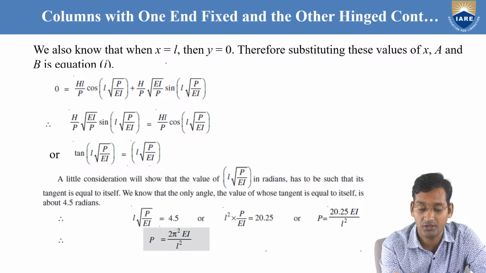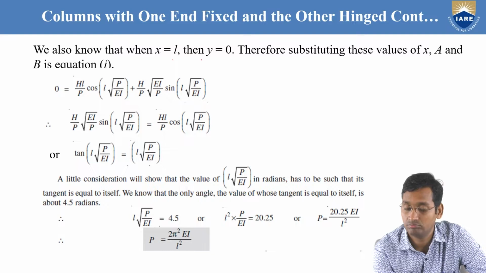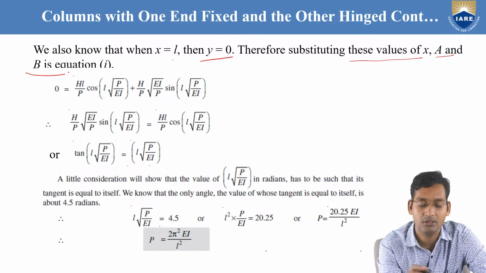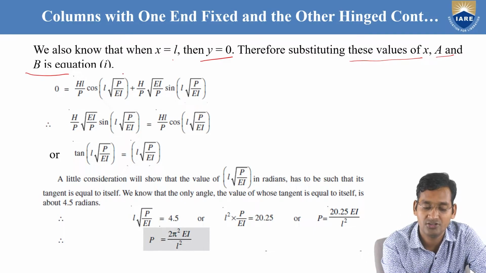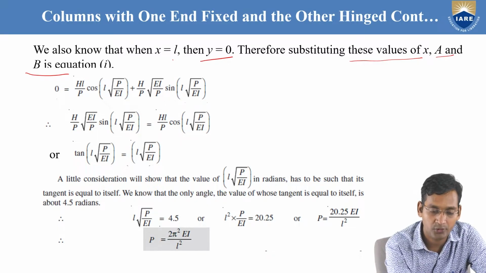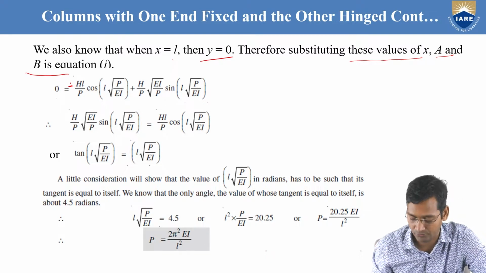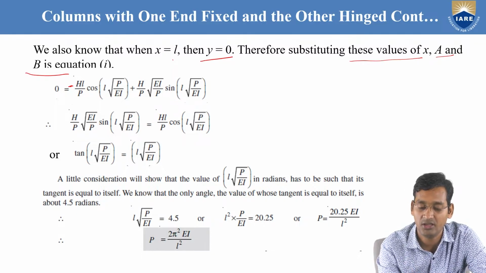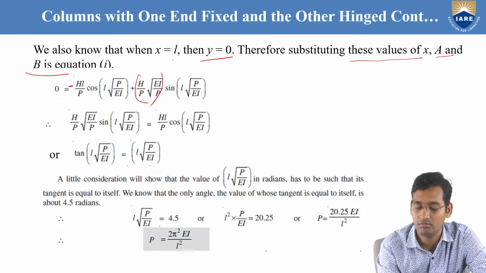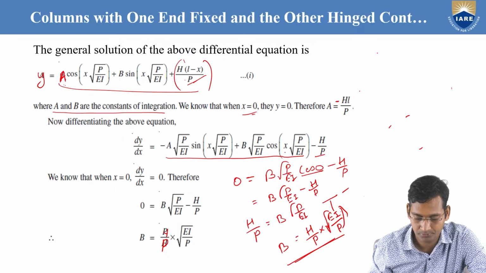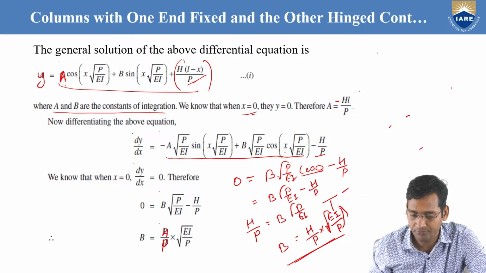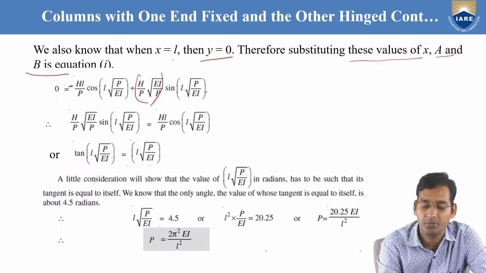But we also know the third condition: at x equals L, y equals 0. Therefore, substituting the values of x, a and b in equation 1, y is 0. The value of a is minus h L by p cos L root p by EI, and the value of b is h by p root EI by p sin L root p by EI.